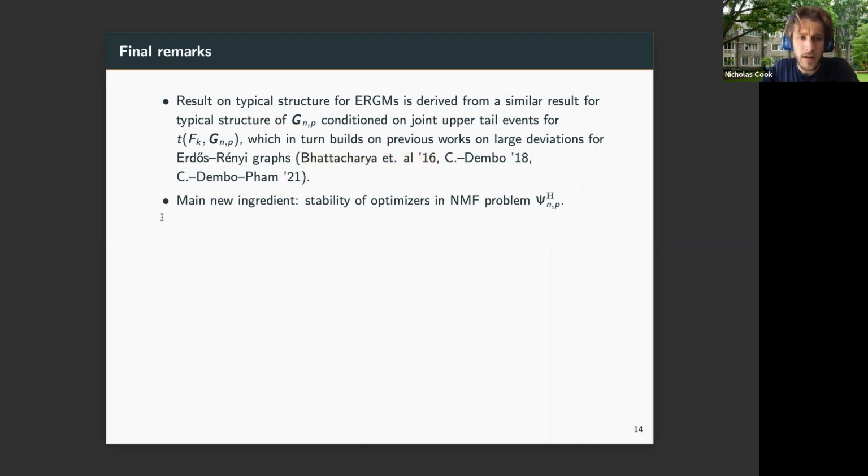The main work that we have to do for these results on ERGMs is to do a stability analysis for this naive mean field problem.